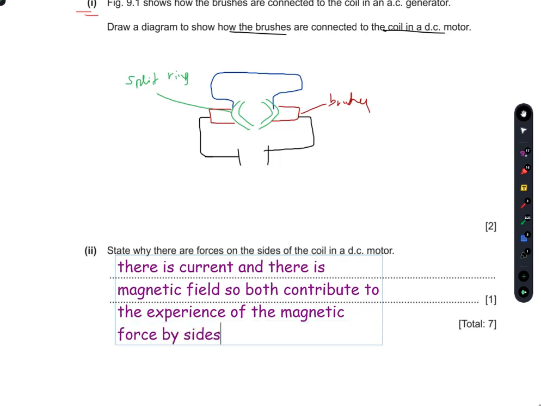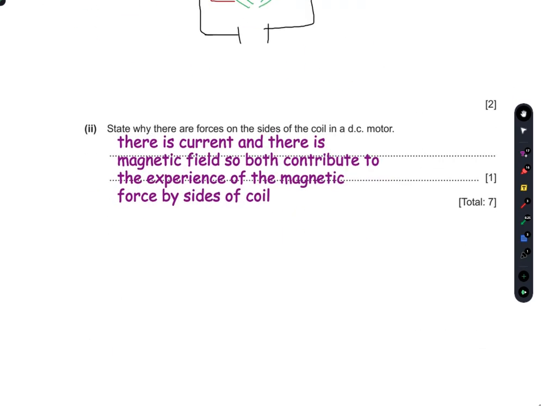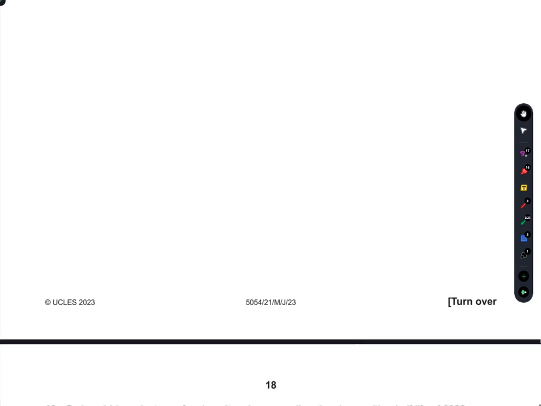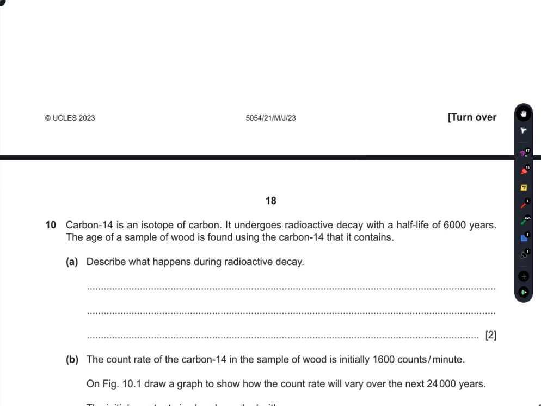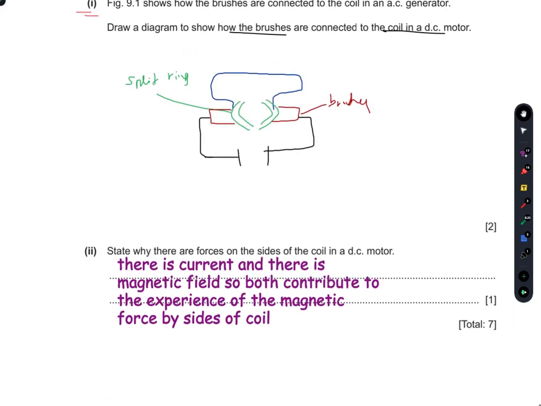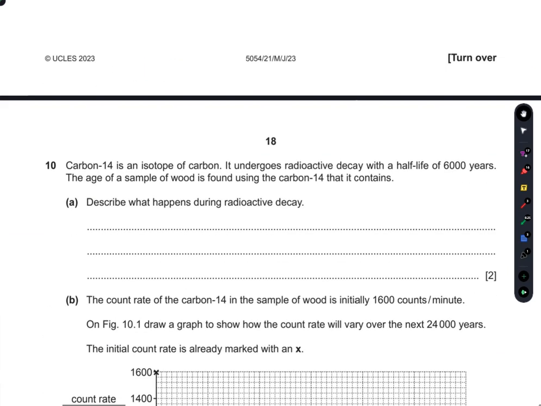First thing is that there is current and there is also a magnetic field. So they both are responsible for why there are forces on the sides of the coil. They both interact. That's the reason why there are forces on the sides of the coil in the DC motor. So that's your answer. Question number 10.